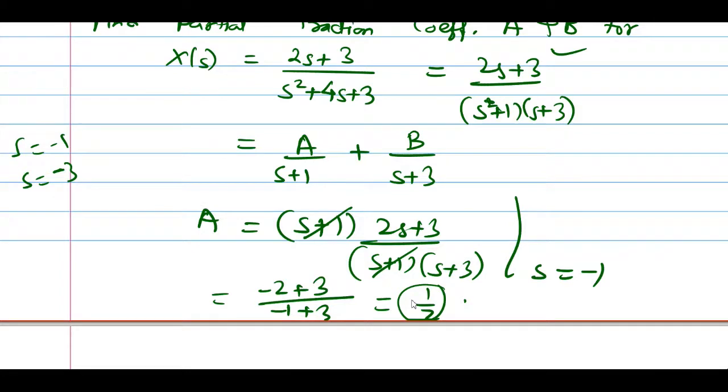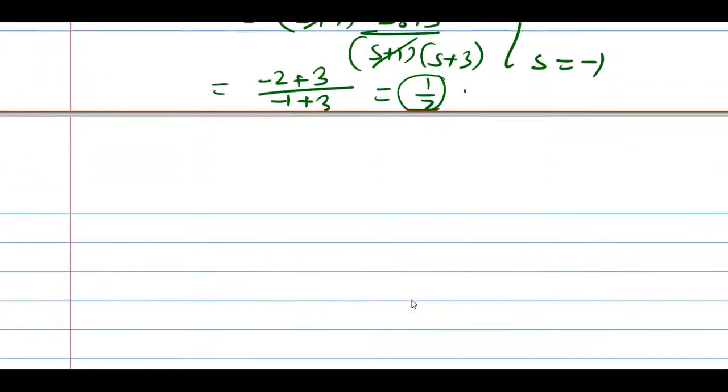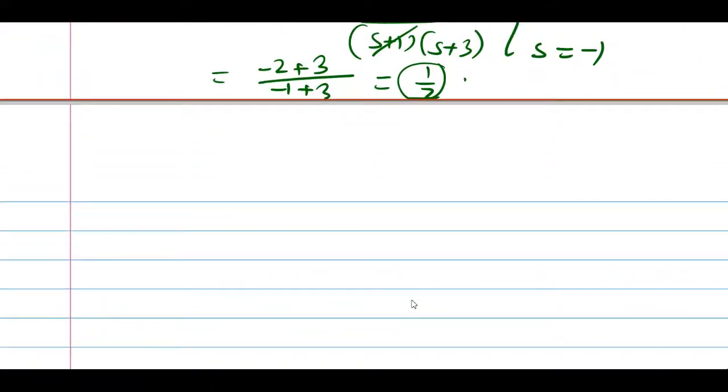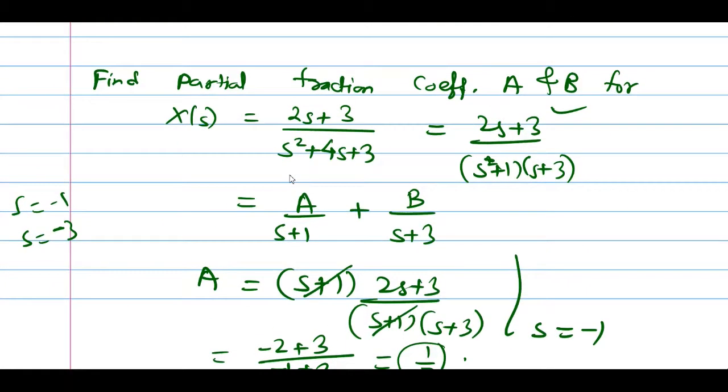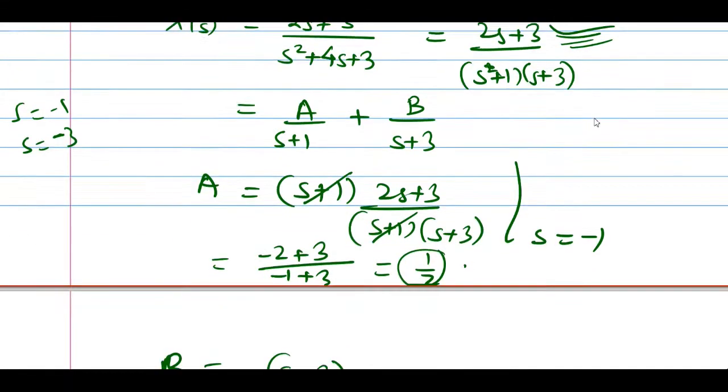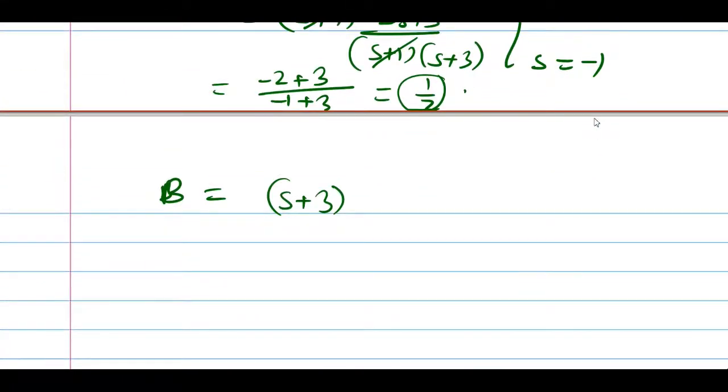Now to calculate the value of B, in the denominator of B, s plus 3 is present. So B equal to s plus 3 times our x of s. X of s is 2s plus 3 upon s plus 1, s plus 3. So just substitute into it.